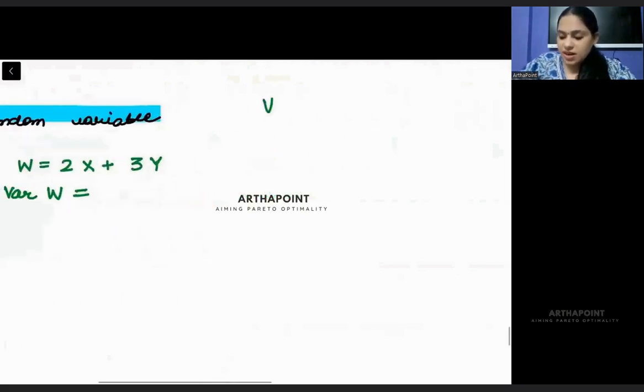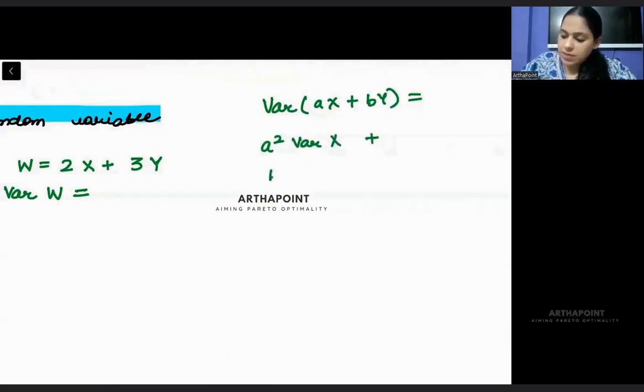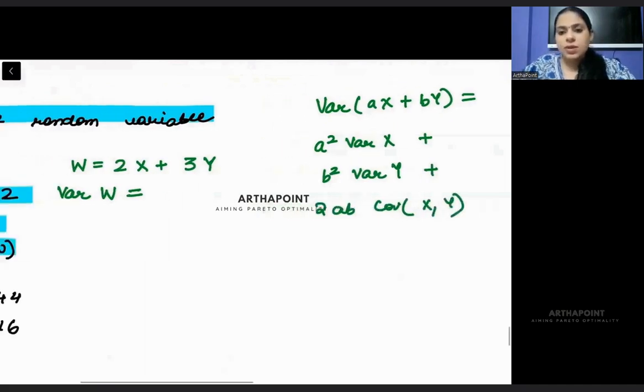Try to understand that the variance of AX plus BY is A square variance of X plus B square variance of Y plus 2AB covariance of XY, plus or minus depending on what you get here. And if X and Y are independent, then this will be 0.